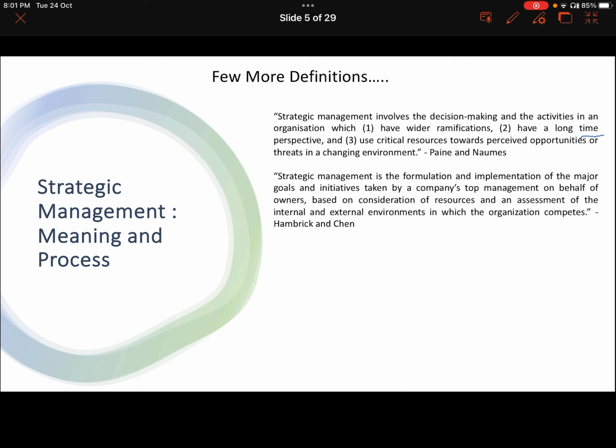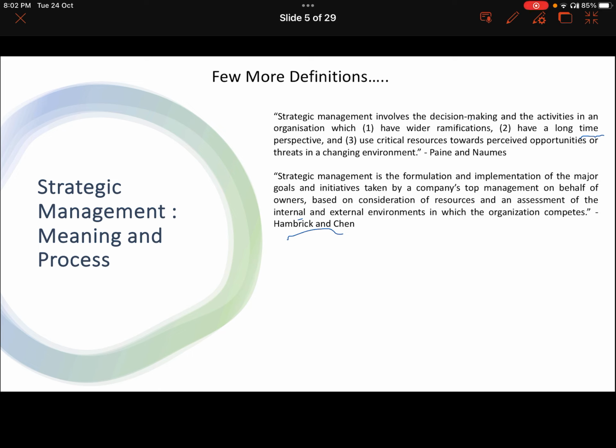This is given by Hambrick and Chen. According to them, strategic management is the formulation and implementation of the major goals and initiatives taken by a company's top management on behalf of the owners, based on consideration of resources and an assessment of the internal and external environment in which the organization competes. So clear, guys?